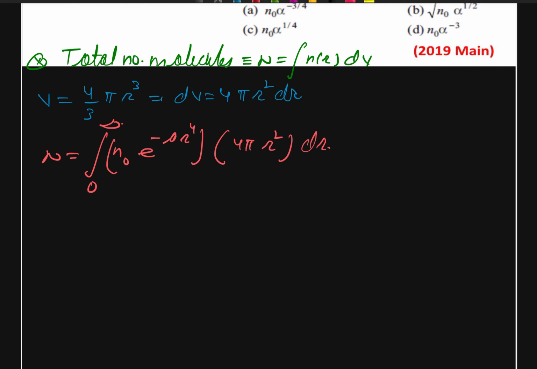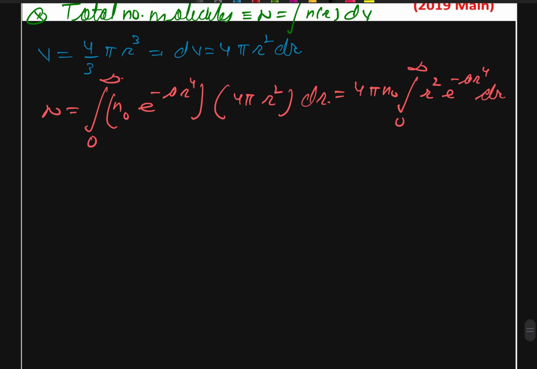Okay, so we can just take out the constant things, which is our 4 pi n naught, integration 0 to infinity, and we have this as r square e raised to power minus alpha r raised to power 4 d of r. So we make a substitution. We say that let u is equal to r raised to power 4.